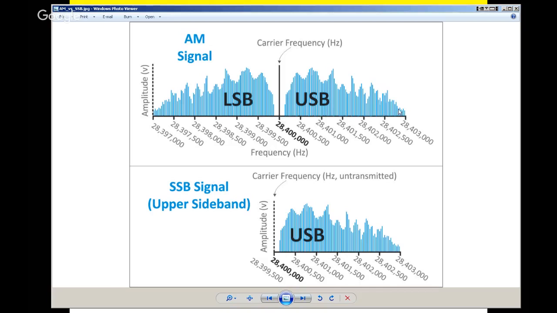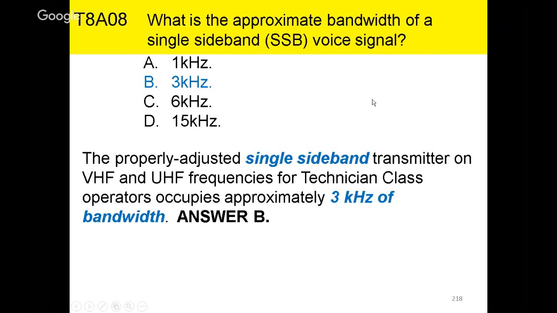And the upper portion, or the bandwidth of that side of the conversation, is at 28.403, or 3 kilohertz. Total bandwidth of that AM signal is 6 kilohertz. So when applying that, the single sideband, whether it be lower or upper, and if it's a properly adjusted transmitter, even for VHF or UHF, it occupies approximately 3 kilohertz of bandwidth.